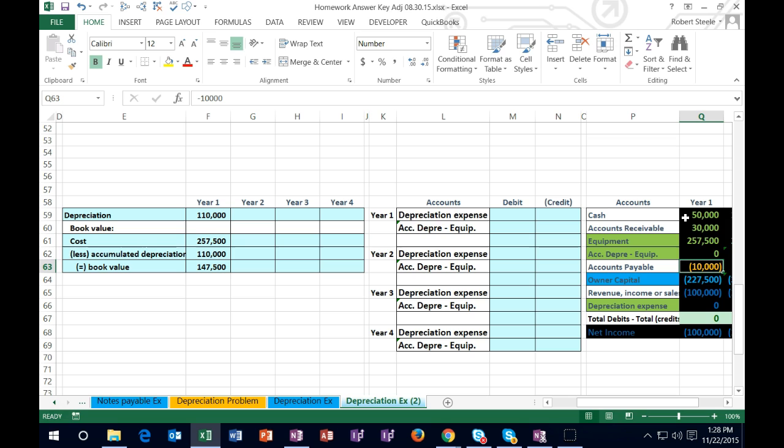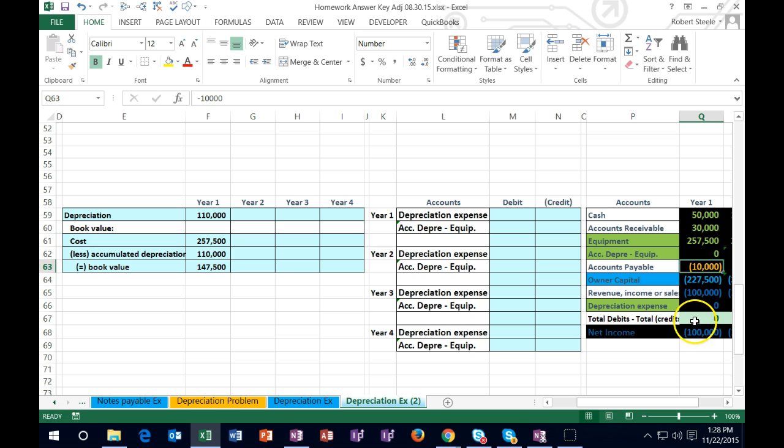We just have a couple of numbers so that we can see this in context. We've got the assets in green. We've got the equipment, which of course is on the books now at 257.5. That's how much we paid for the equipment. We've got our liabilities here, and the equity and income, and the depreciation being the only expense that we will be using here, so that we can see the effect on net income.